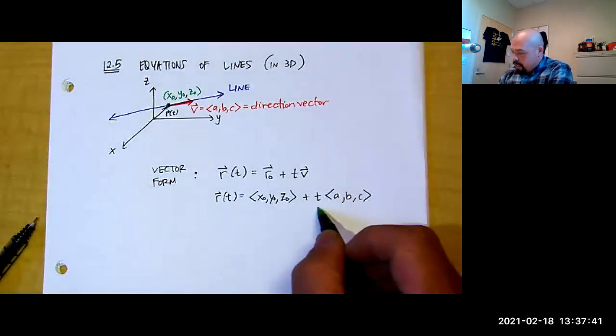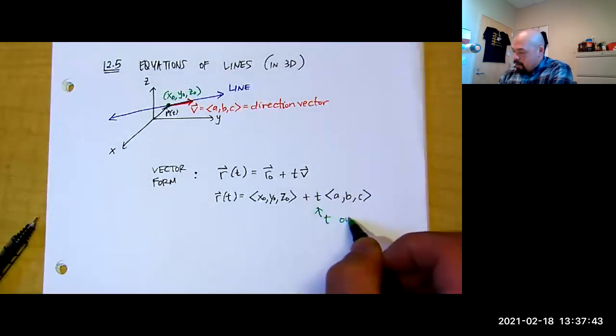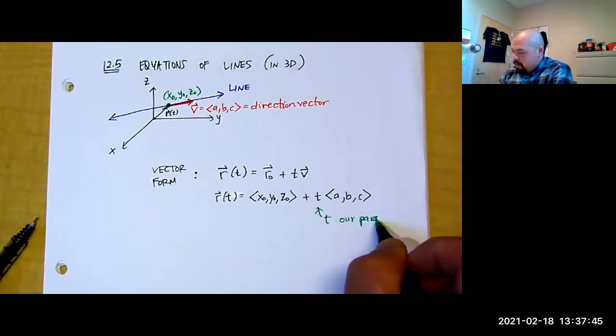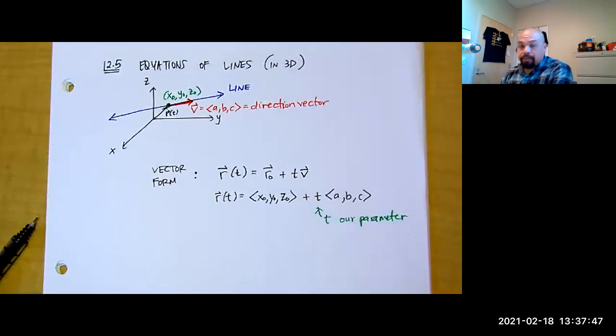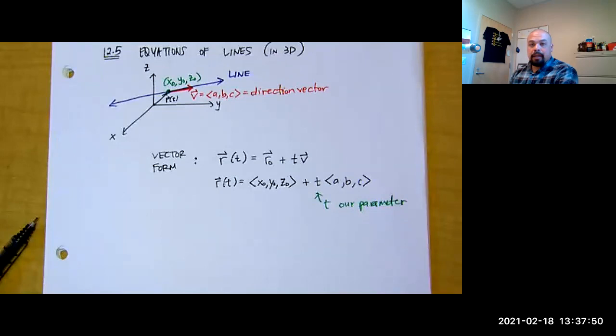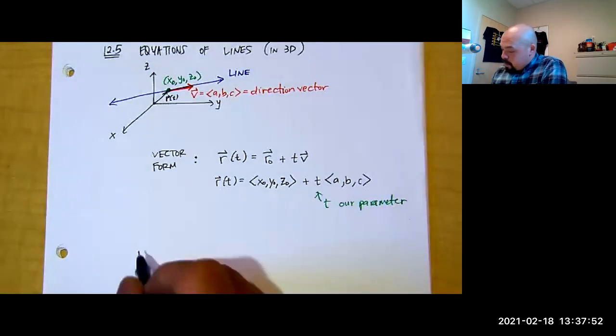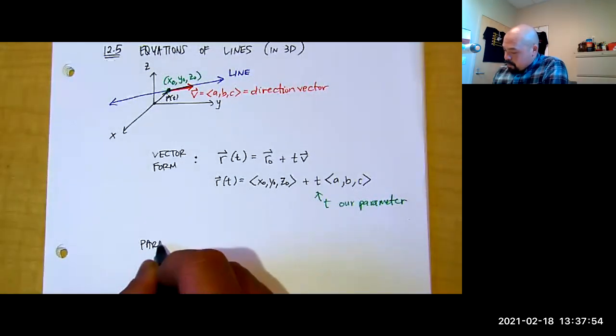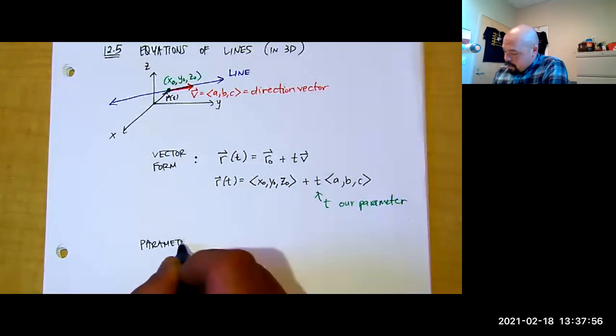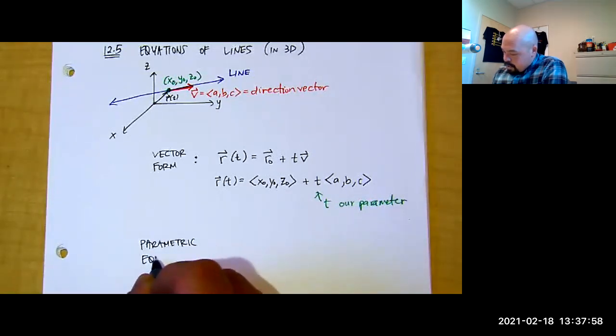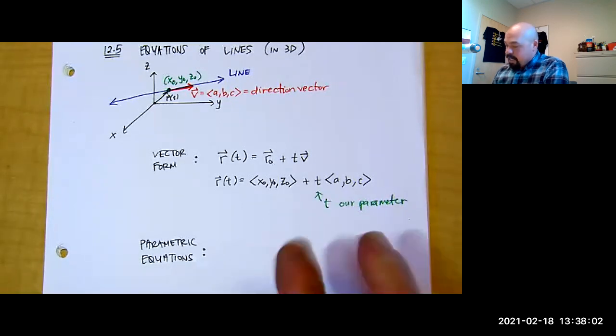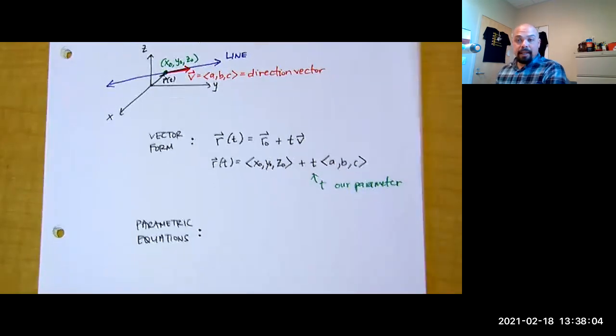And here t is our parameter. Then we saw from there our parametric equations, basically separating these components.